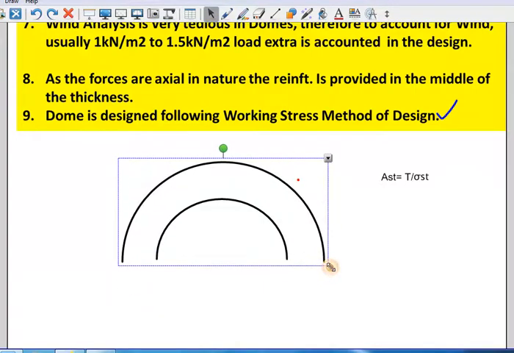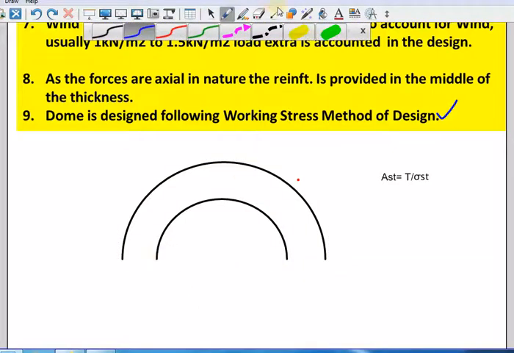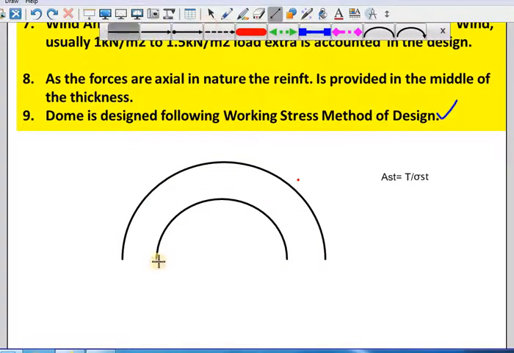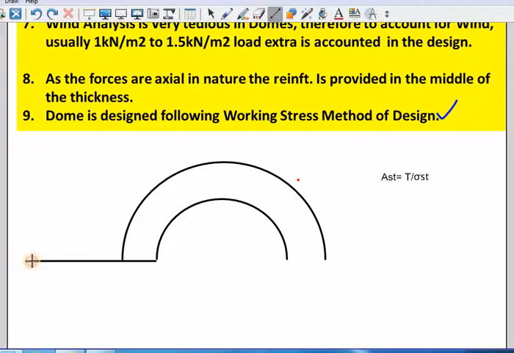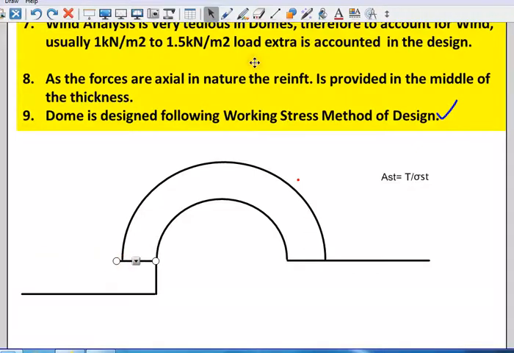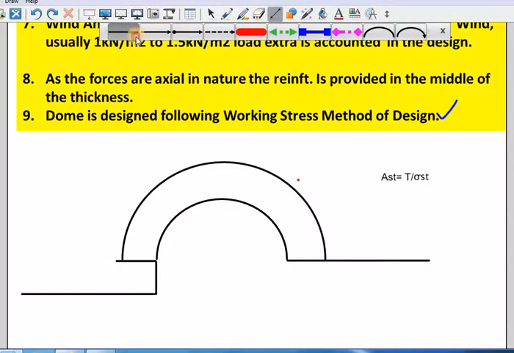Like this, let us say this is a dome, and this is the slab. Let us say this is where it is going to be resting actually, because wherever it rests, normally we provide a small beam like this.